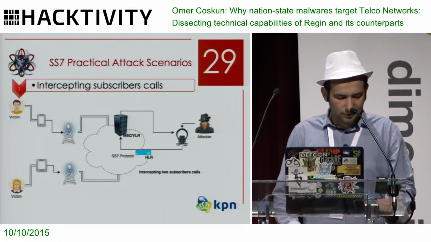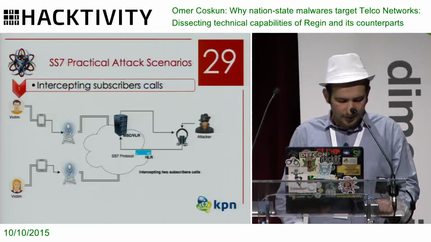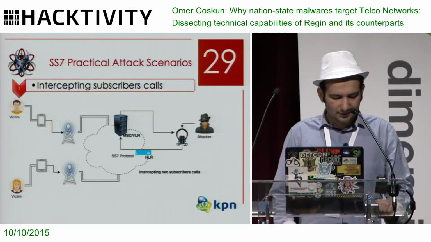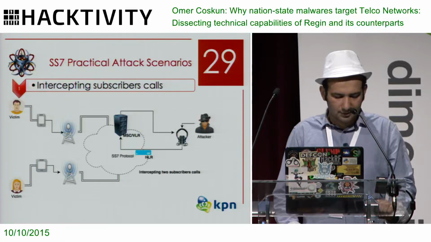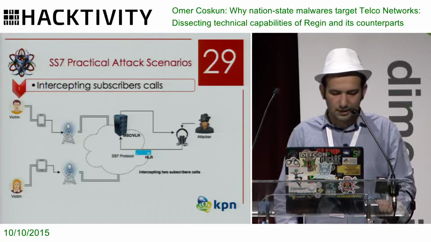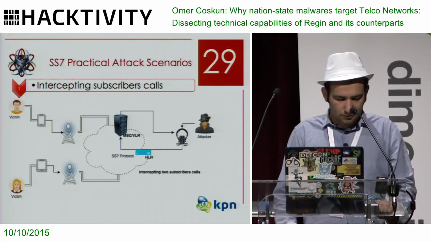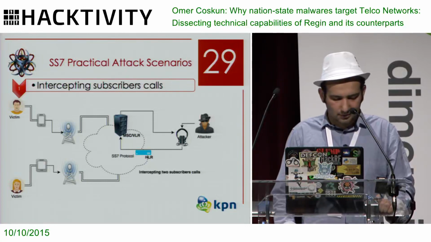Let's browse through some of the attack scenarios over the SS7 protocol. When a subscriber registers on a switch, the subscriber profile is copied from the HLR to the VLR database.